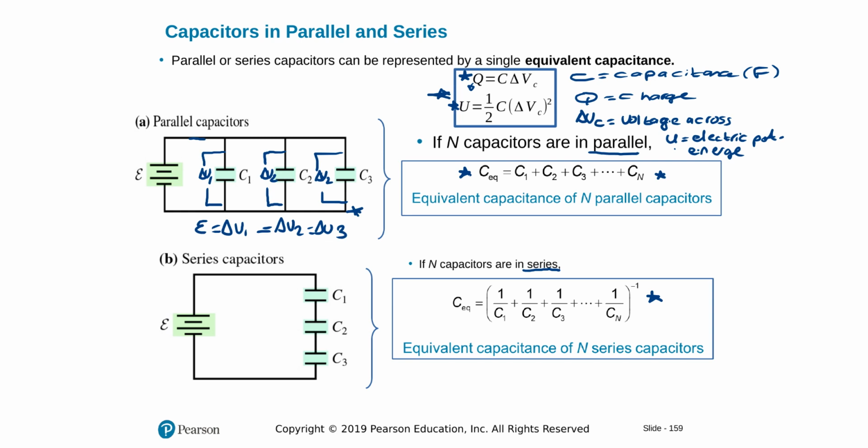We can think of the charge as similar to current. Q totals will be dependent on what capacitance they will have. So we'll call this Q1, Q2, Q3, and when we're asked, we'll find them using this simple equation of Q is equal to C delta V.